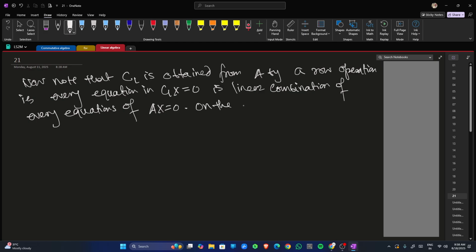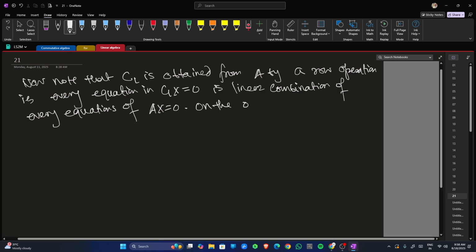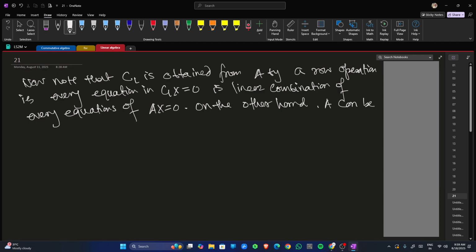On the other hand, A can be obtained from C1 via the inverse elementary row operation.